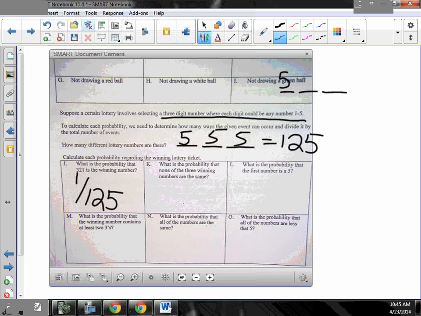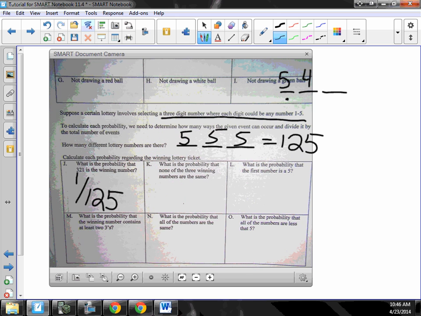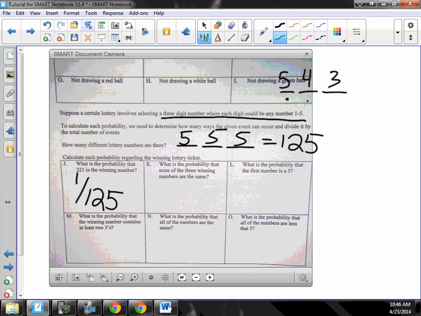What about the second digit? Not 5. Whatever this first digit is, I'm not allowed to use it again. So if this first digit was a 2, then the second one could be anything but a 2. So it would be 4. How many options for digit 3? 3, because whatever the first number is and whatever the second number is, I'm not allowed to reuse that. So this is actually just a permutation without replacement.